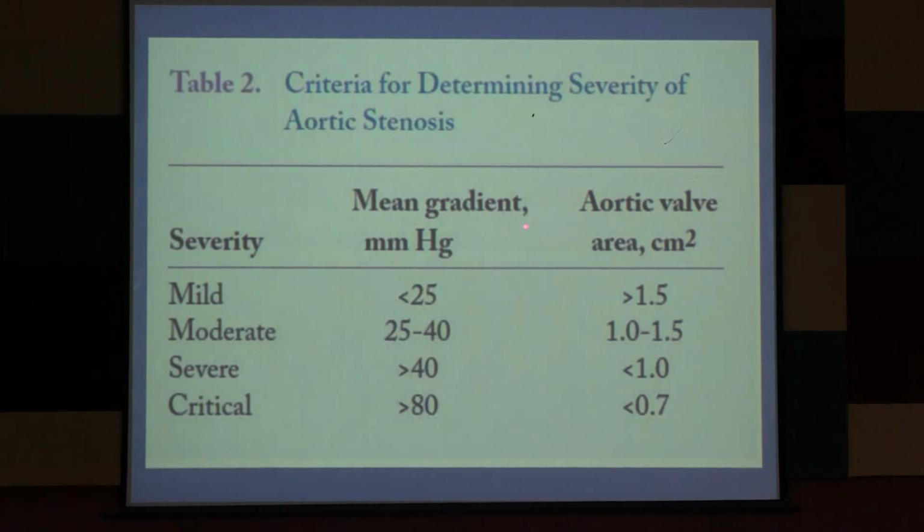Mild, that means mean gradient less than 25 millimeter of mercury, valve orifice area more than 1.5. Moderate, 25 to 40, valve orifice area 1 to 1.5. Severe, more than 40, and aortic valve area less than 1 square centimeter. And the critical, that is the transvalvular pressure gradient exceeding 80 millimeter of mercury, and the valve orifice area is less than 0.7.